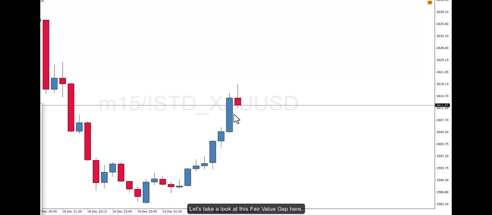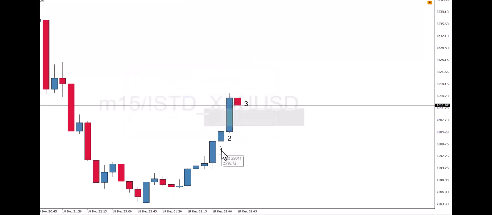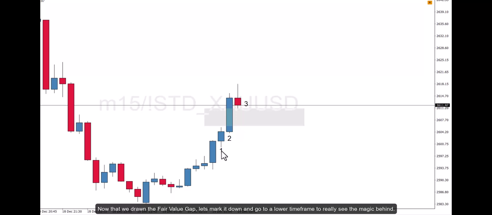Let's take a look at this fair value gap here. Now that we've drawn the fair value gap, let's mark it down and go to a lower time frame to really see the magic behind.